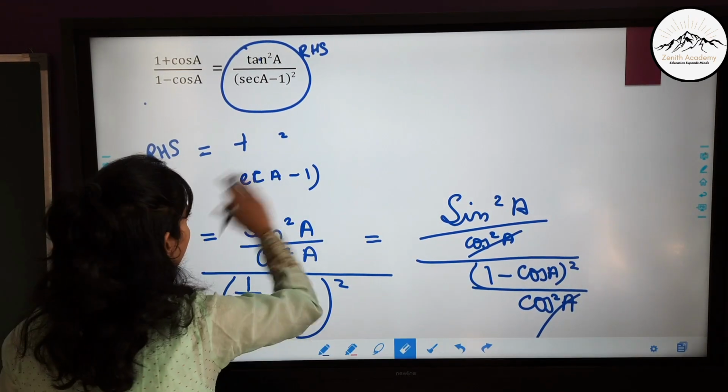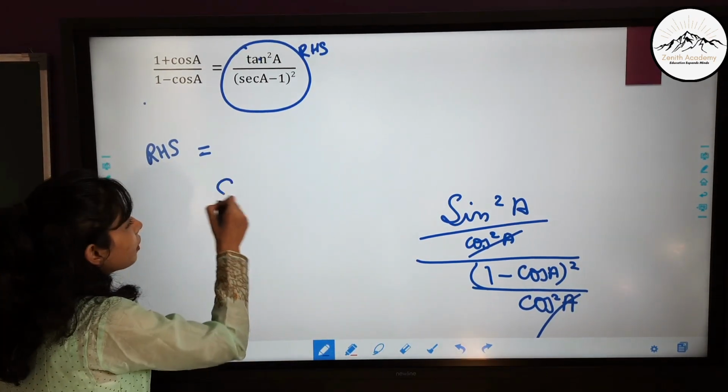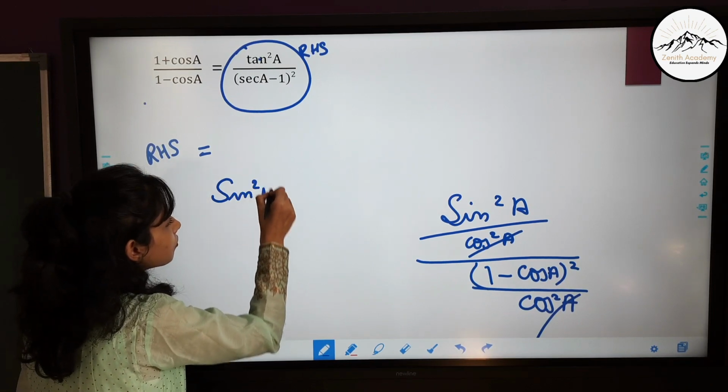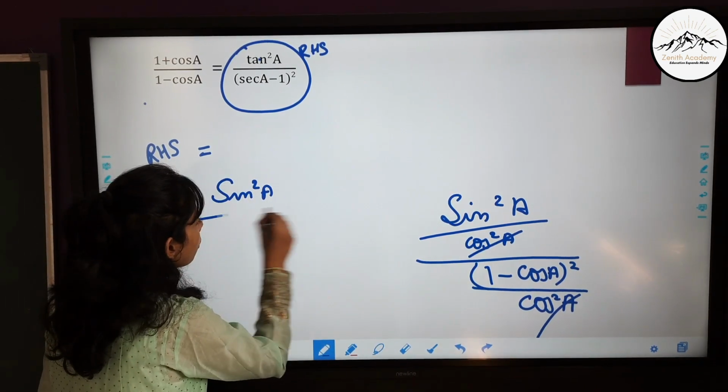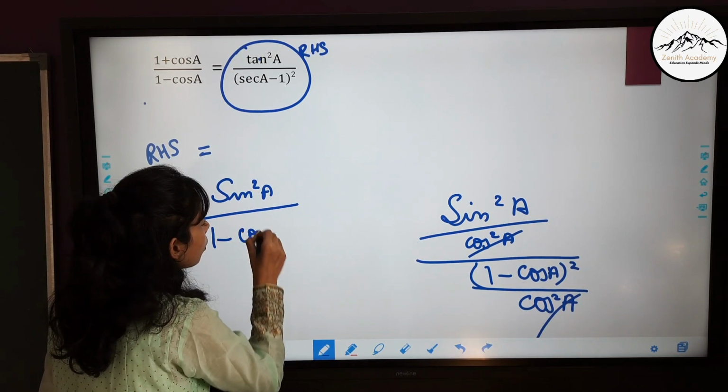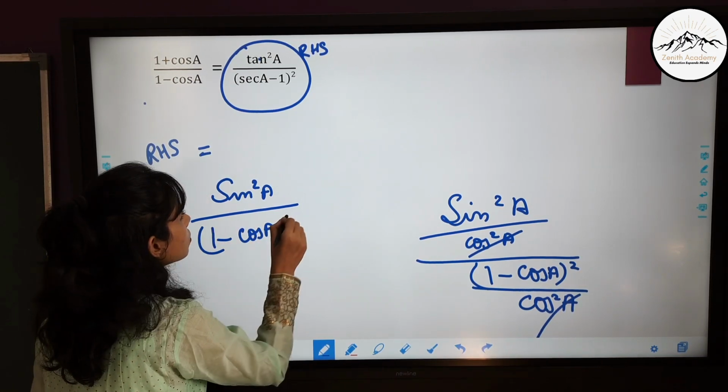What is remaining? Sin square A upon (1 minus cos A) whole square.